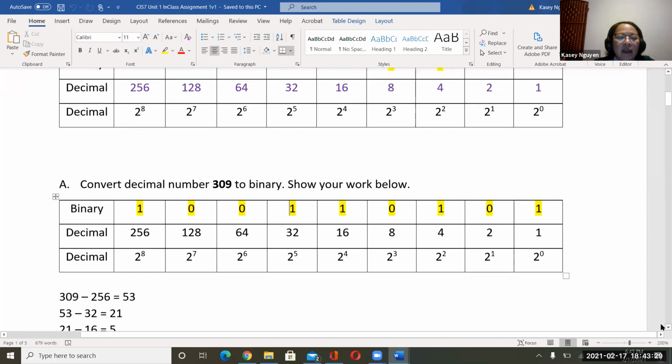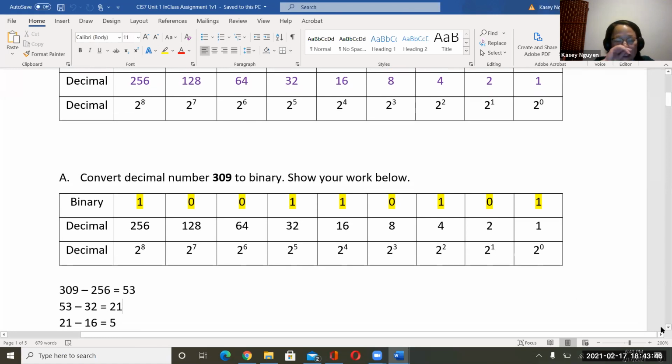When I subtract 32, I have 21. So at this point, I have 21 left. I can go again. 21 subtract 16, because 16 is under 21. So we take 21 minus 16, put a 1 on top, and we have 5 left.